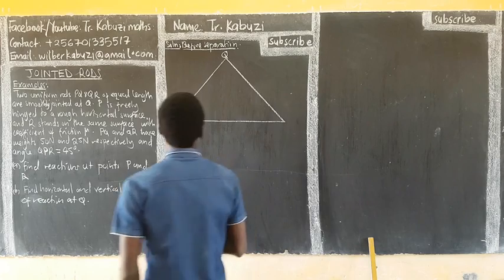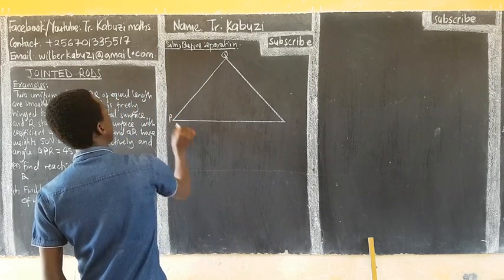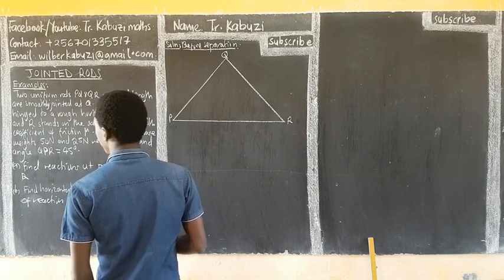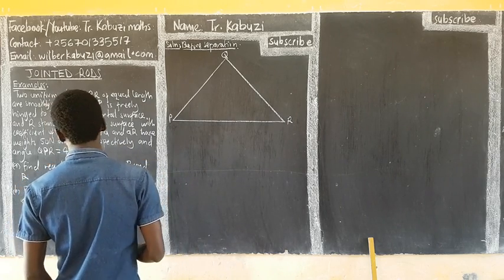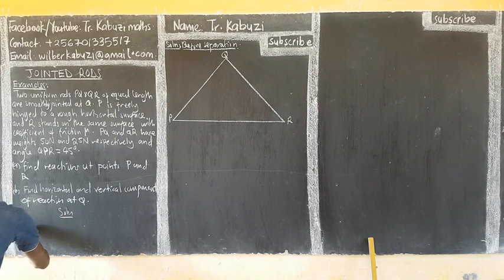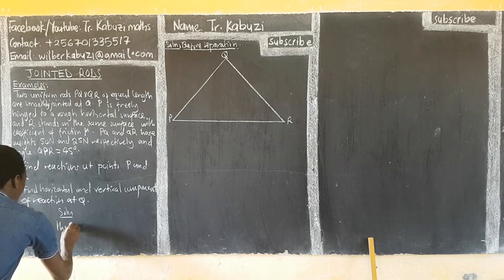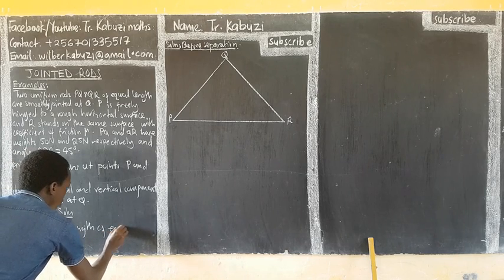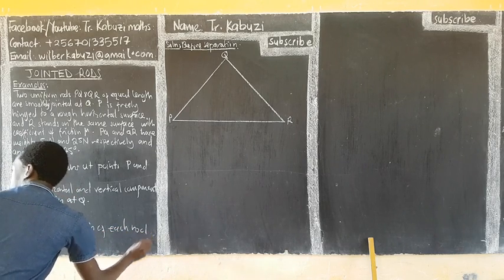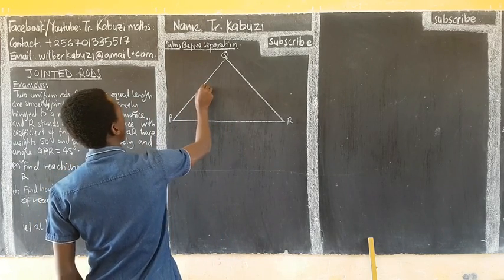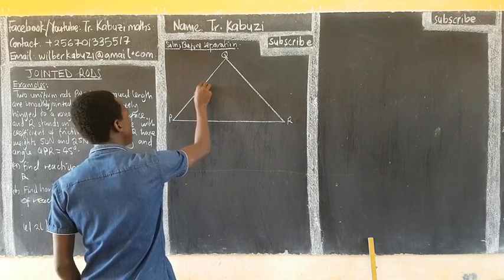So this is going to be P, then this is going to be R. They are of equal length, so in our solution let 2L be the length of each rod. Because they are uniform, their weights act in the middle.